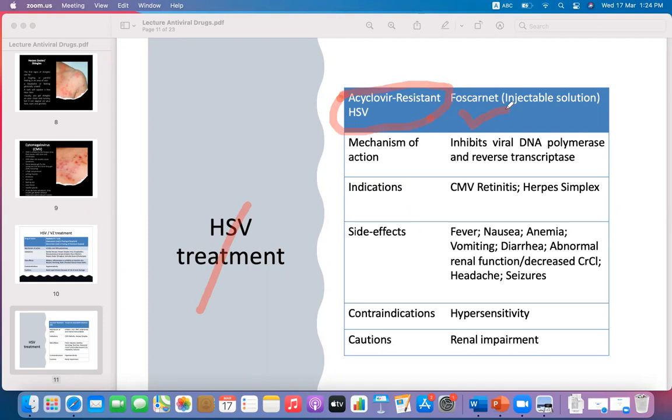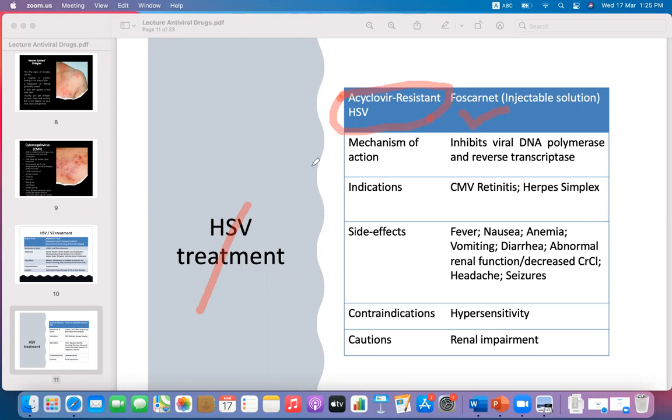So there will be a question for your MCQ: which one of the following injectable drugs is used in the management of acyclovir-resistant herpes simplex virus infection? And the answer should be foscarnet.